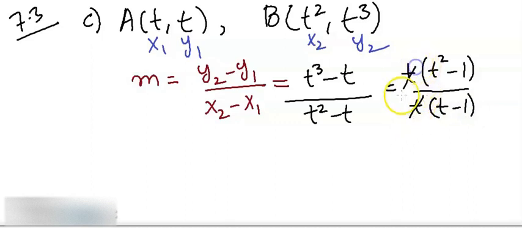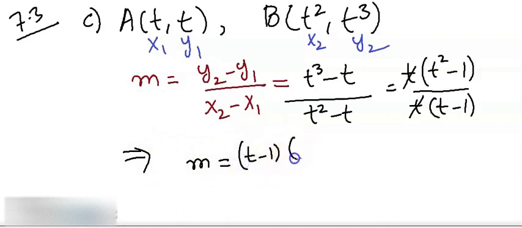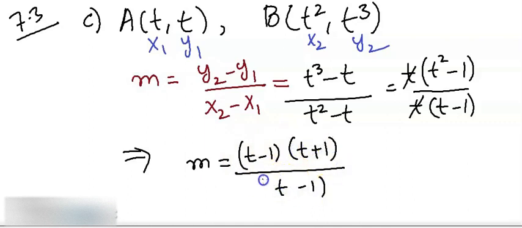So these two get cancelled, and then m equals t square minus 1, which can be factored as t minus 1 and t plus 1, divided by t minus 1. This cancels with this, so we are left with t plus 1 only. So the slope for this case was t plus 1.